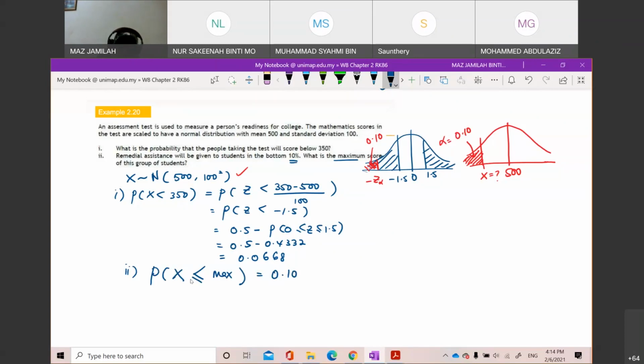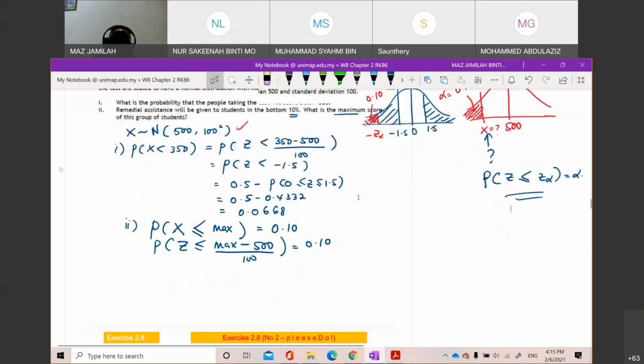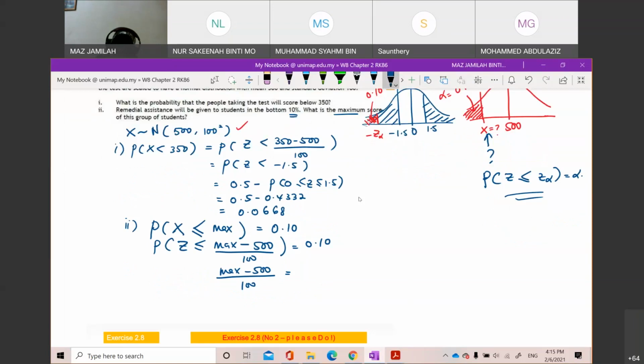Now transform this: Z becomes (max minus the mean of 500) divided by 100, equal to 0.10. Using the understanding that P(Z ≤ z alpha) = alpha, we solve the equation: (max - 500) / 100 equals z alpha.